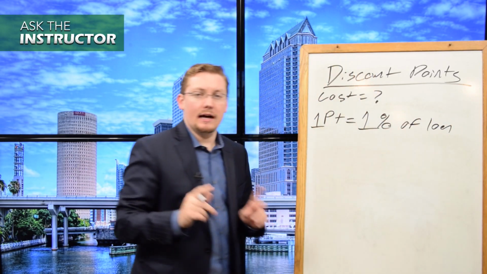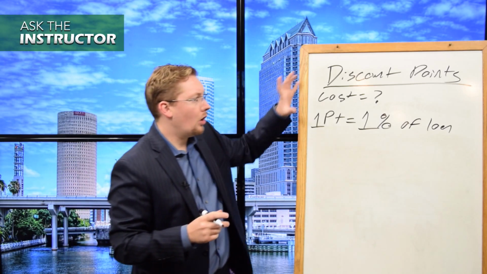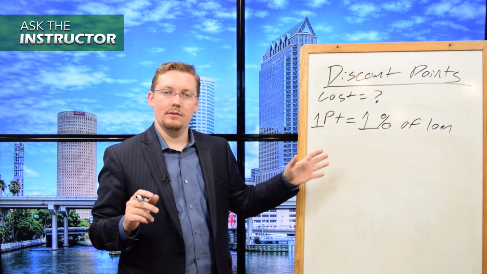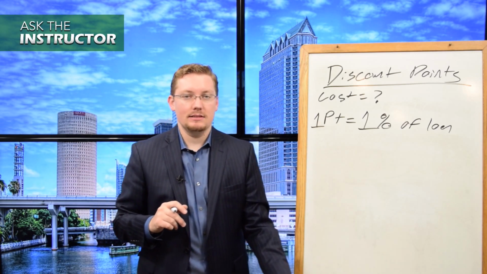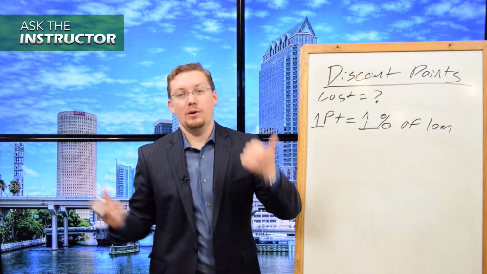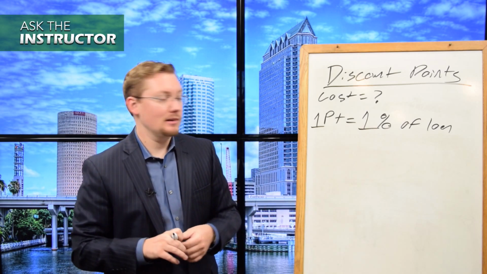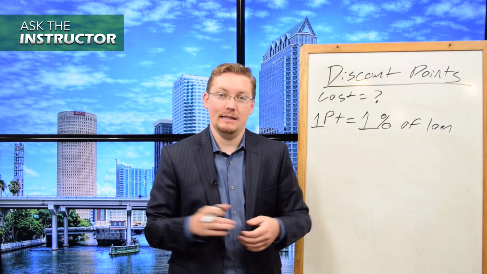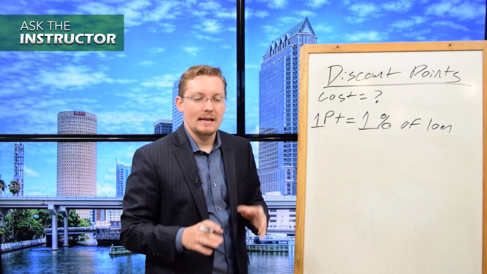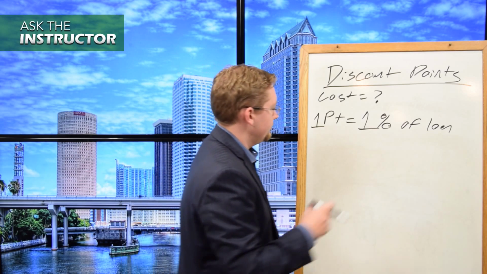All of these loan calculations are based off of the loan amount. We're not charging this off the value, because maybe you're only taking out a $10,000 loan and it's a $1 million property. It wouldn't be fair for them to charge you 1% of the $1 million property. That'd be the entire loan amount right there. You're only taking out a 1% loan in that case. So these are all based off of the loan amount, not the value of the property.